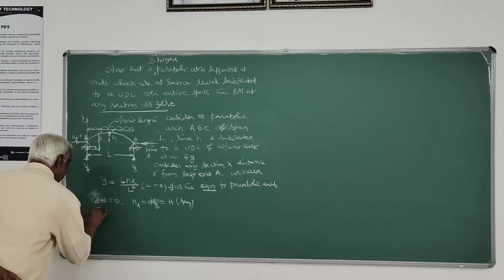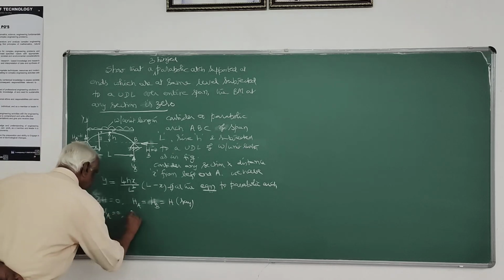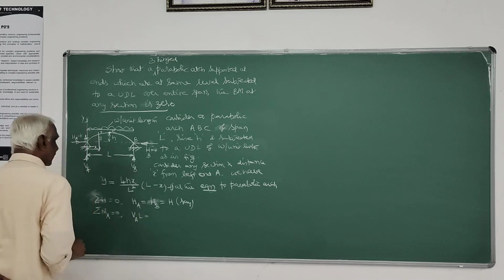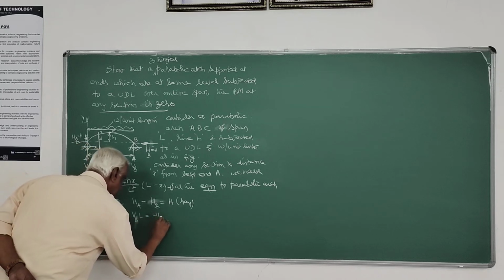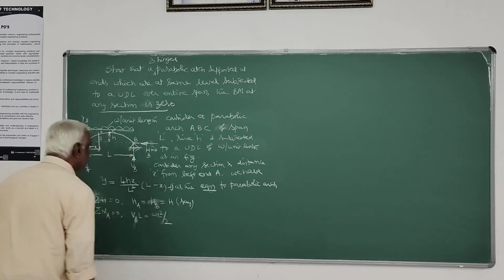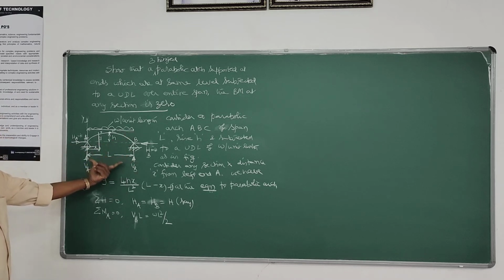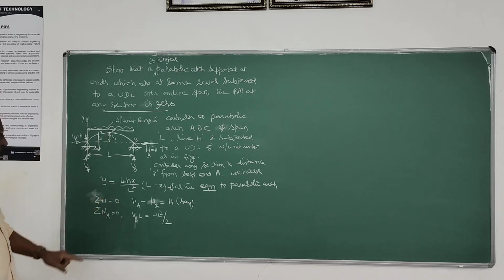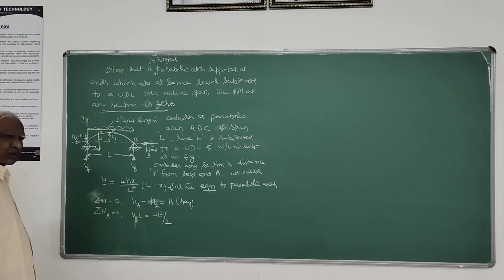Then if you take moment about A equals 0, Vb into L is equal to W L into L by 2, that is W L square by 2.